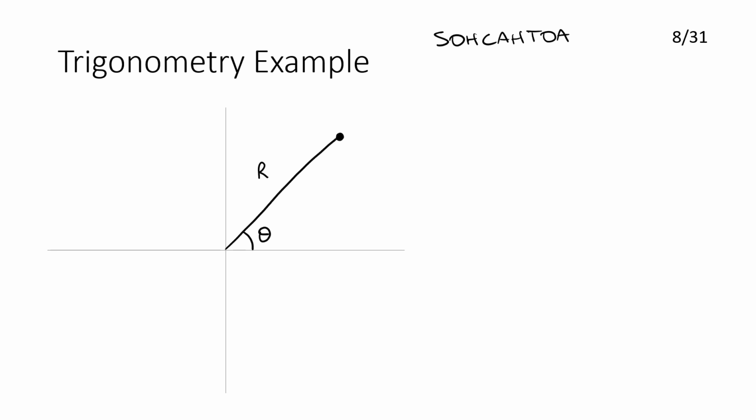Now the problem that we can sort of look at is I might know this distance R, and I might know the angle theta, but what if I wanted to find maybe the height of this point right here, or the distance from the origin?